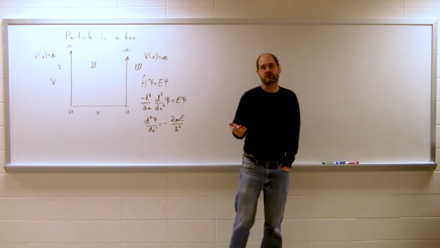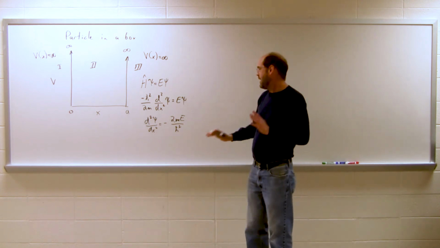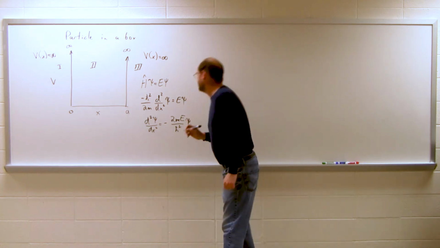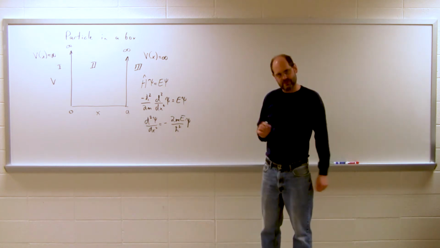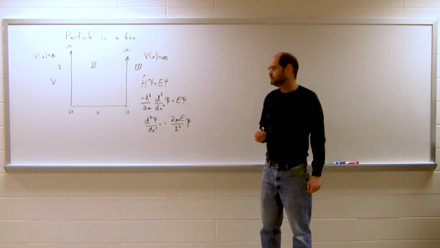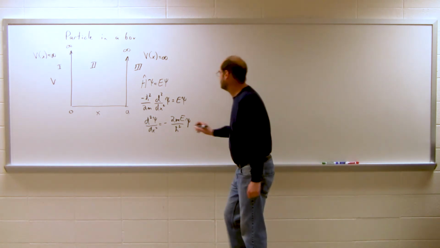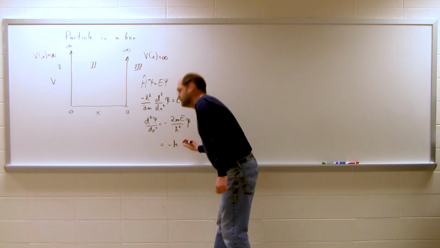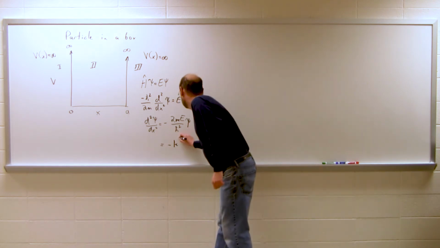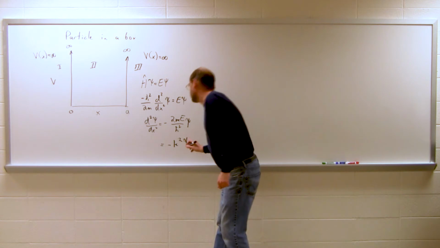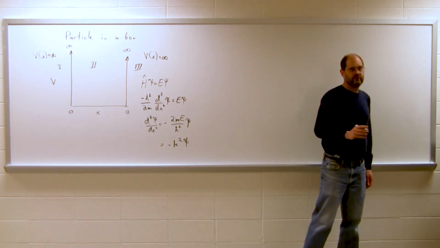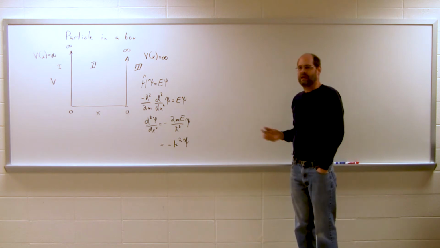So now I have a situation where I've got a function whose second derivative is equal to a constant times the function back again. I'm going to rewrite this as equal to minus k squared psi. And that's just going to help me out a little bit in terms of my mechanics here.